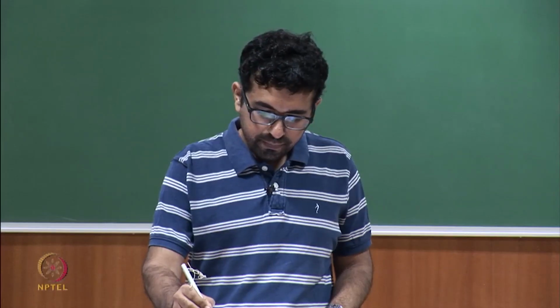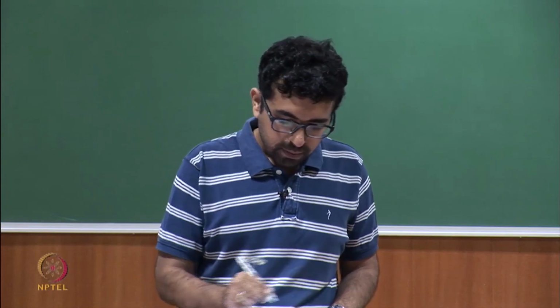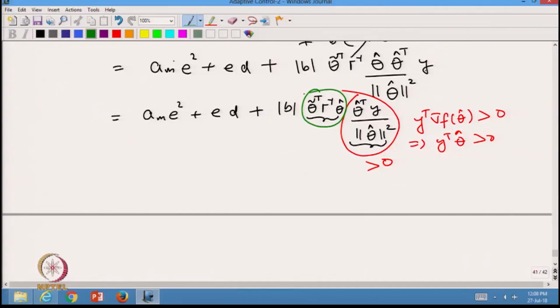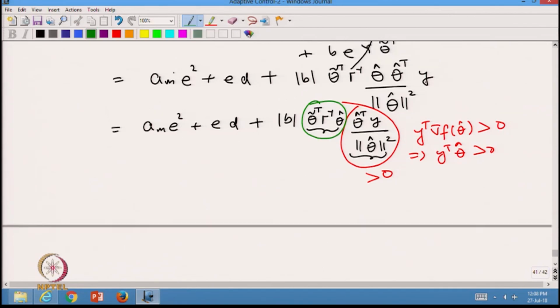Okay. So now let's look at the second term, this term. I want to take you back to lemma 2 that we had done in the previous class, where we had proved that theta minus theta b transpose the gradient of f evaluated at theta b is less than or equal to 0.